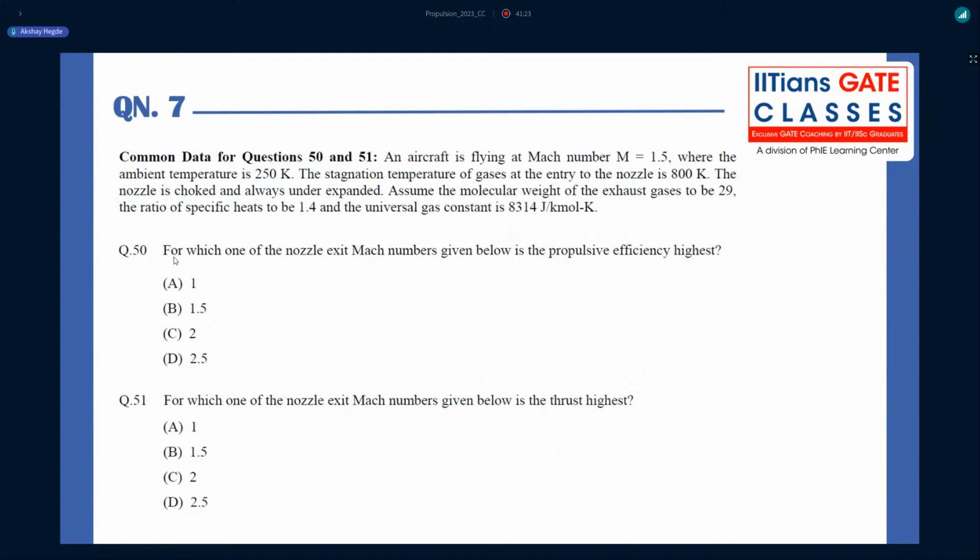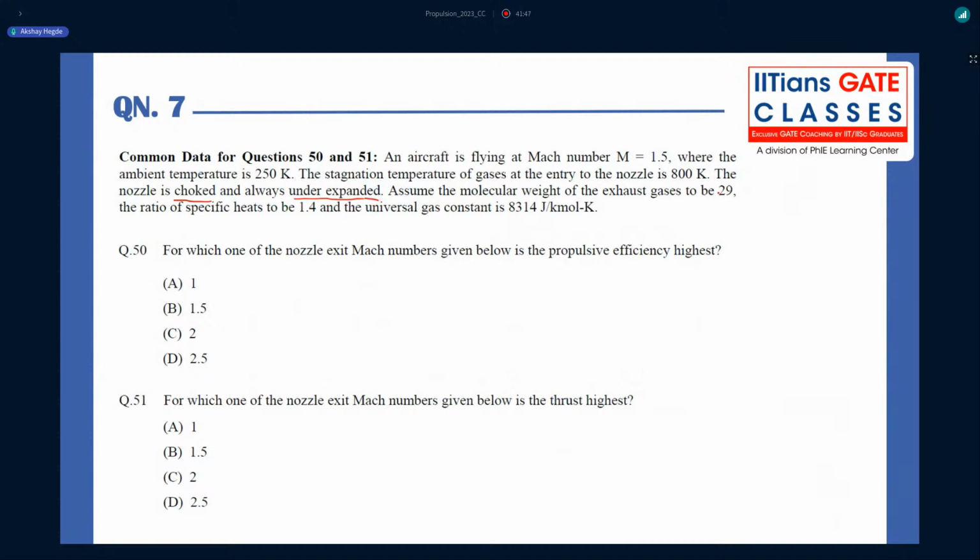The keyword to observe here is that the nozzle is always choked and always under expanded. It is not optimally expanded in any condition. This is a very important keyword.